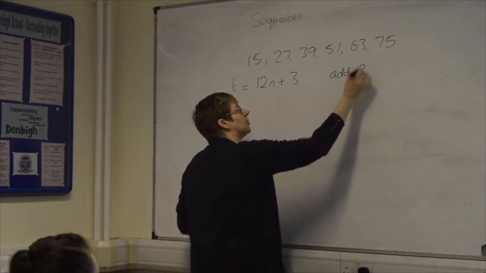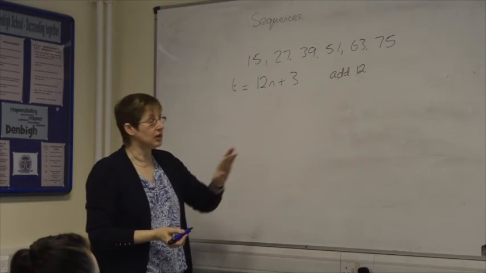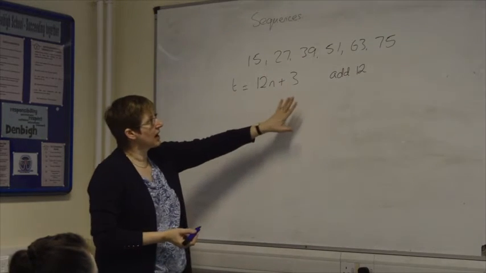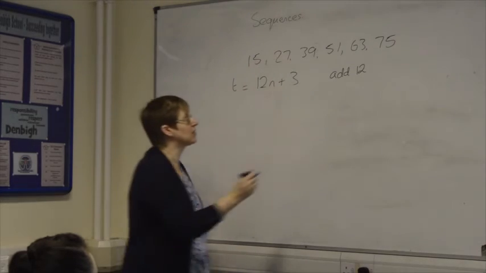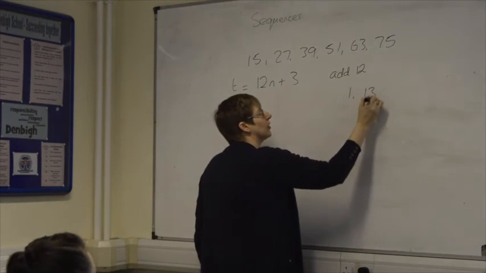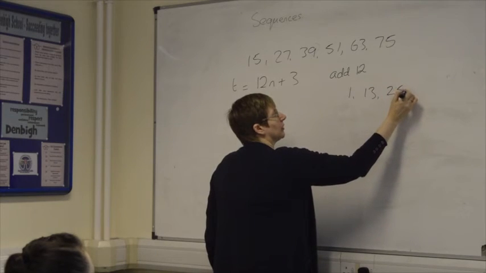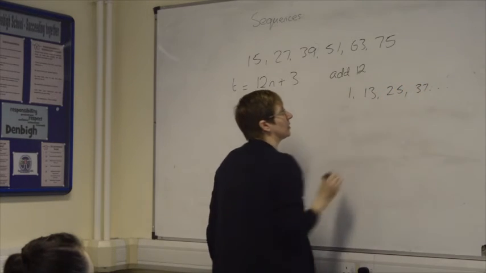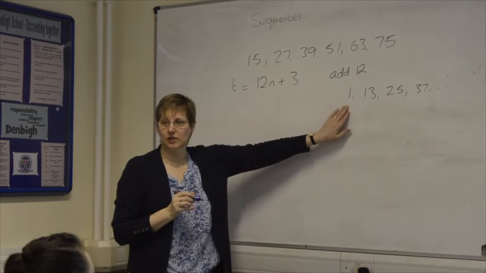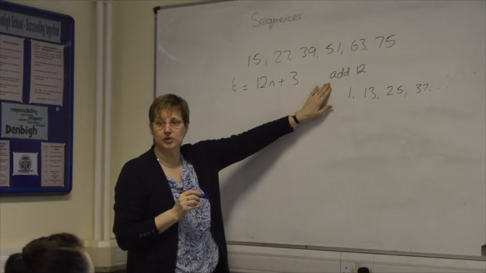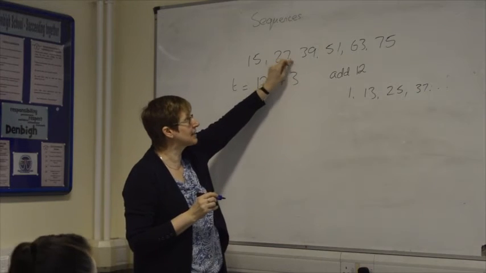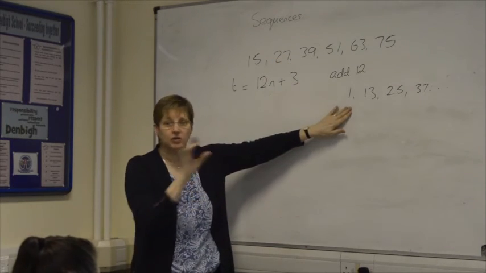Now, we have to be a little bit more precise now, because we can be, because we understand what's going on. If I had a thing that said add 12, and I didn't see what you've got there, I could start at 1 and go 13, 25, 37, and so on. And that would be right. I'd added 12 each time. But what do you need to add to your rule in words to make it precisely this sequence rather than this one or any other?